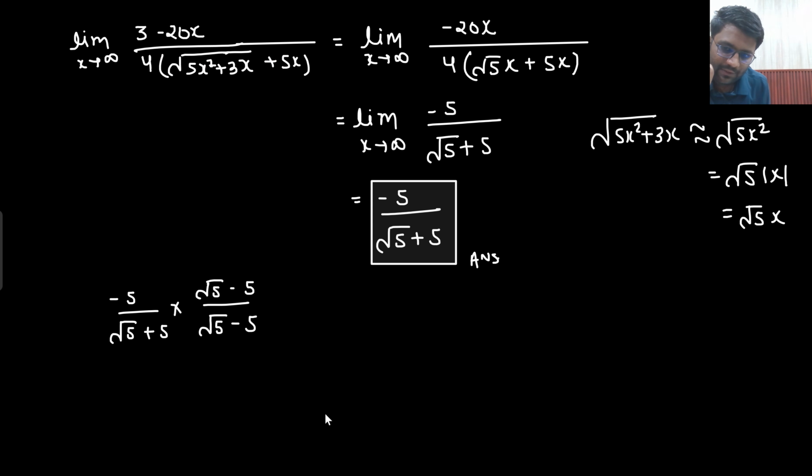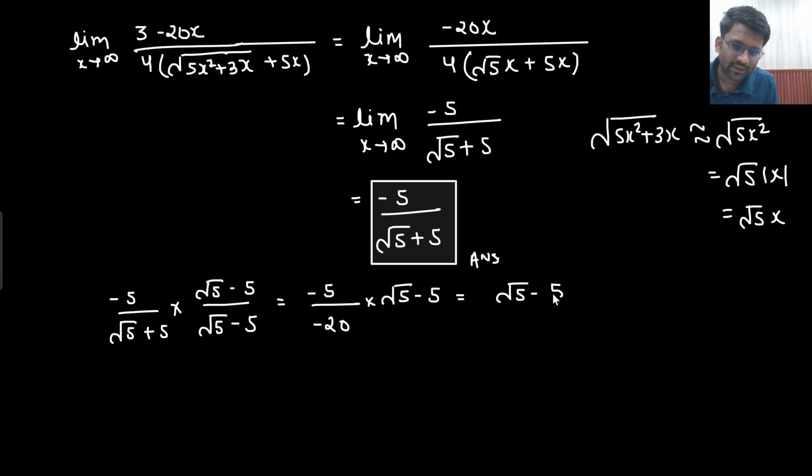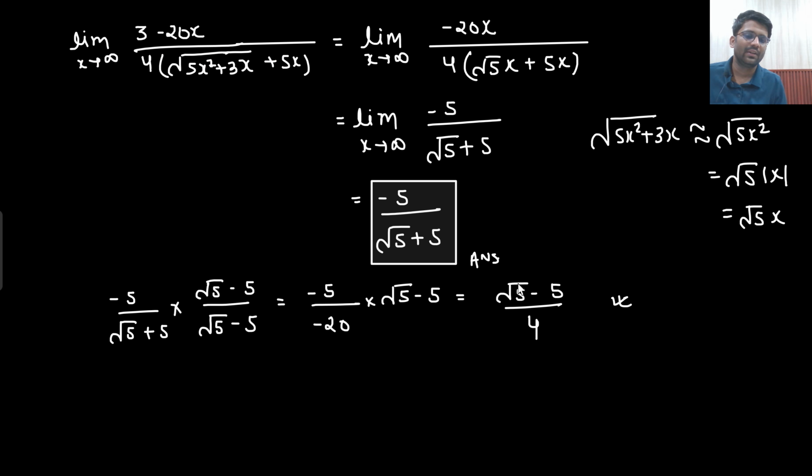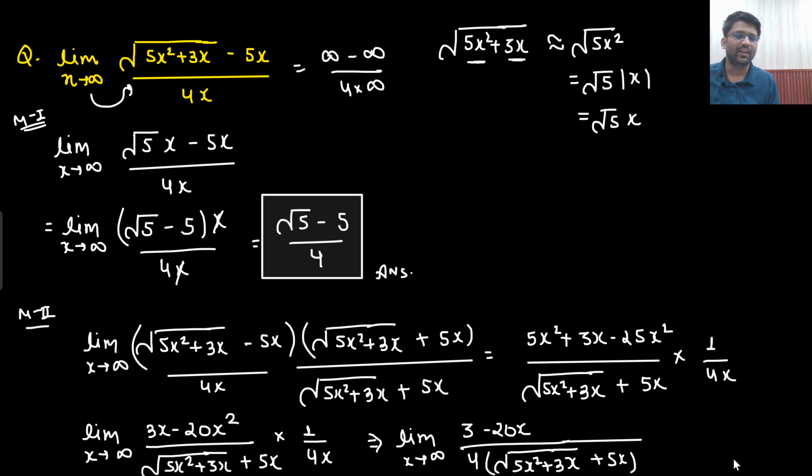So what answer will you be getting? Minus 5 divided by minus 20, because a square minus b square, 5 minus 25, that will be minus 20, multiplied with under root 5 minus 5. So what is the answer you are getting? Under root 5 minus 5 divided by 4. They are the same answer only. So this could also be mentioned in one of the options.